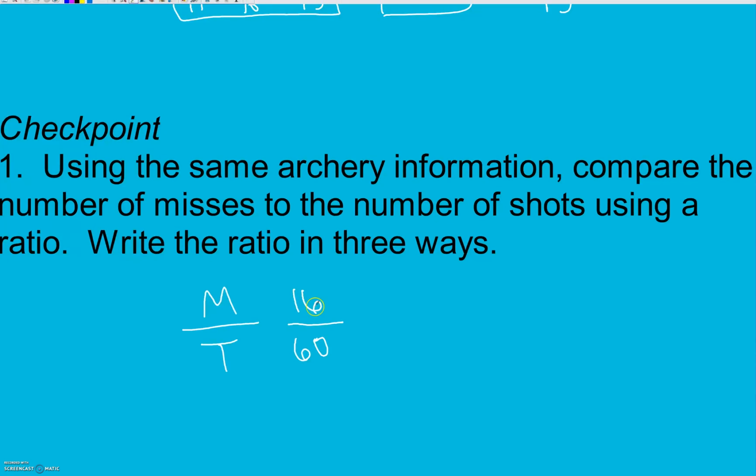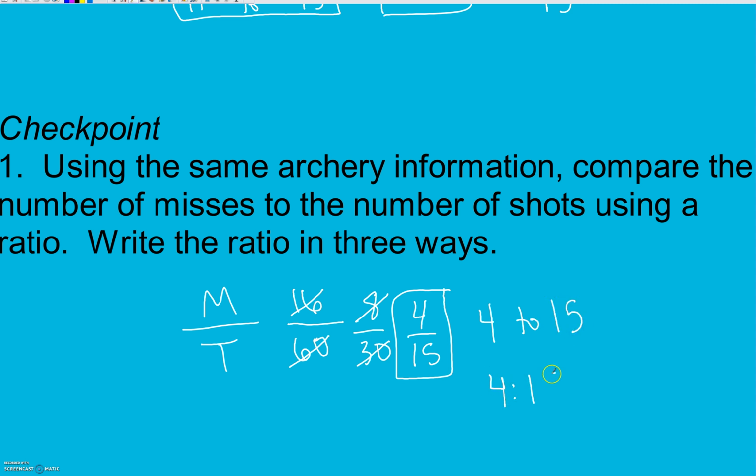I can take 2 out of both, and a 2 again, and I get 4 over 15, which is also the ratio of 4 to 15, which is the ratio of 4 misses to 15 total. So those are my three ways.